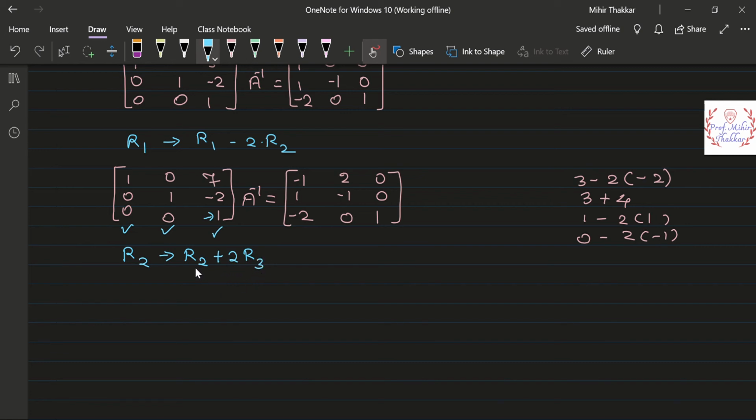We are taking plus because this is negative, so negative 2. So negative 2 plus positive 2, that is going to be equal to 0 in this position. Okay. So because we want to apply a change in the first and the second row, just copy down the third row so that we don't make errors over there.